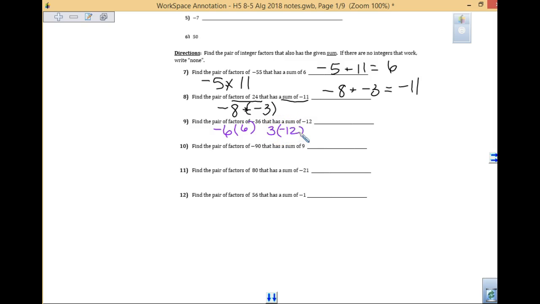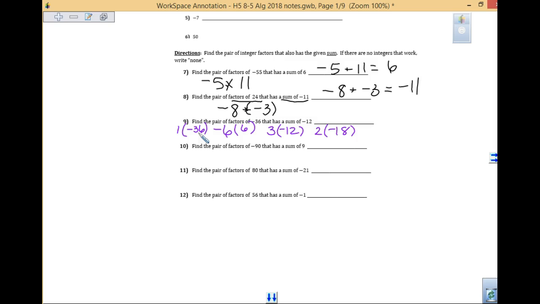Or just the opposite, negative 3 and positive 12. If I have 2, I'm going to have negative 18. And I could also have 1 and negative 1, or 1 and negative 36, or just the opposite of each of them, right?